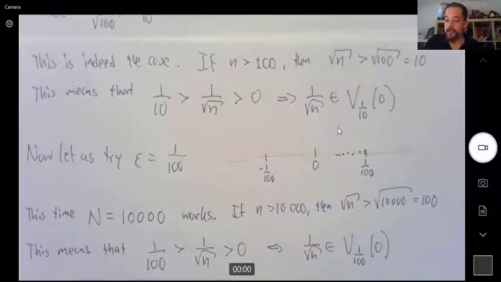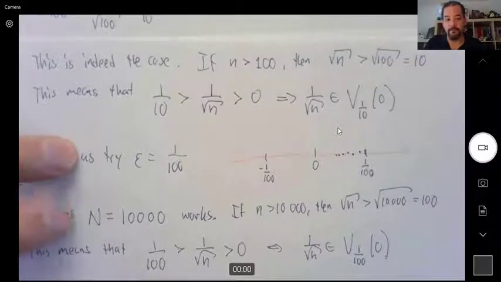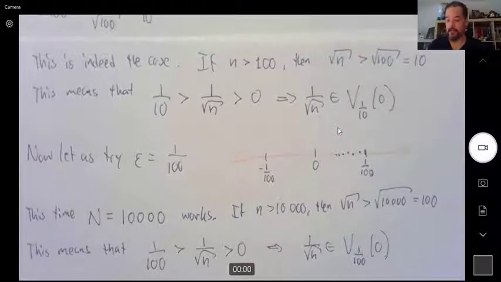We haven't really proved this limit yet. We just provided a suggested way of approaching this problem. To really prove it, now we need to do it for an arbitrary epsilon. So how can we, for any epsilon that you give me, find the capital N?